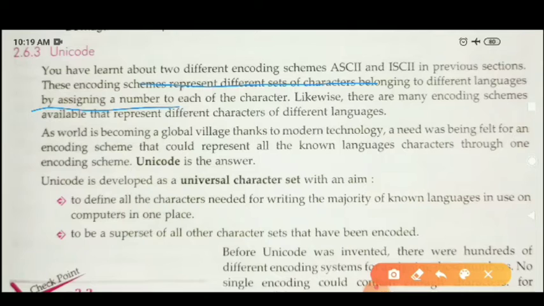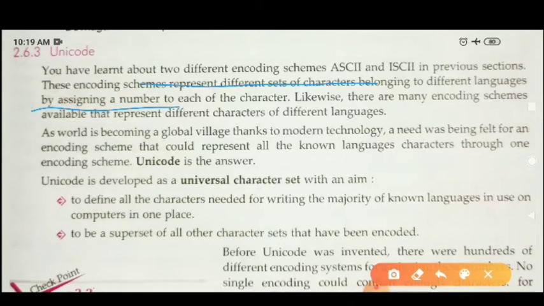Likewise, there are many encoding schemes available that represent different characters of different languages. Our world is becoming a global village thanks to modern technology. A need was being felt for an encoding scheme that could represent all the characters of all languages through one encoding scheme, which is known as Unicode.